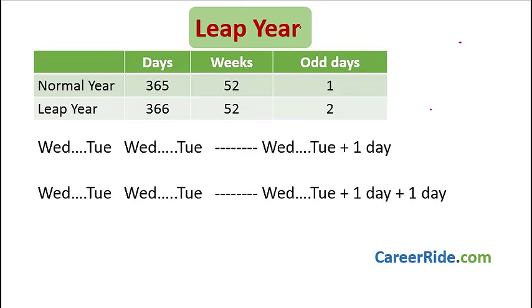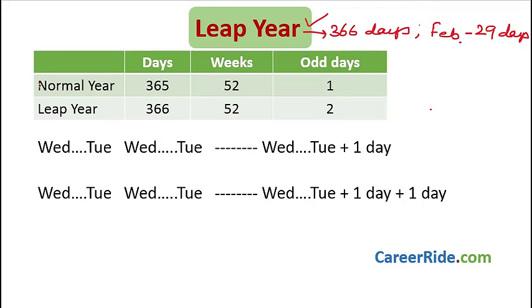Okay. So now that we have seen a normal year, let us talk about a leap year. All of us know that a leap year is a year that contains 366 days in it, because it has a February that contains 29 days in it, right? Now let us take a look at this table.